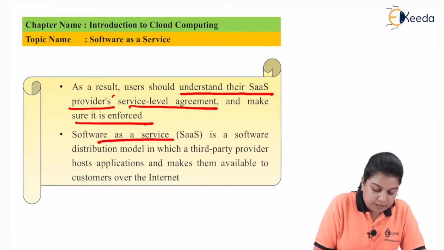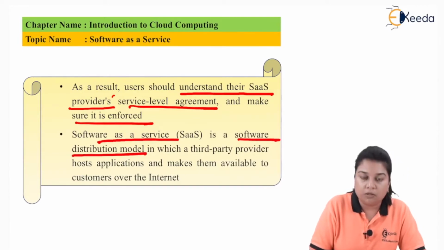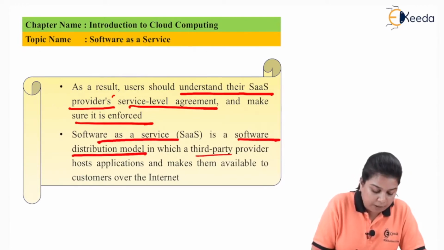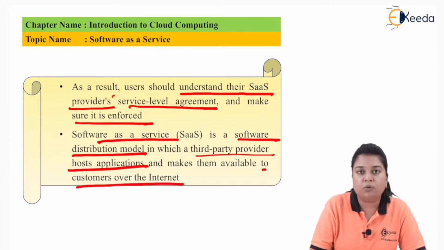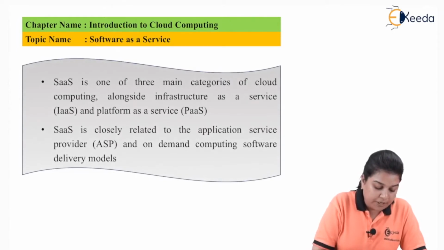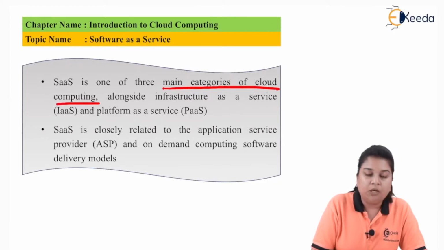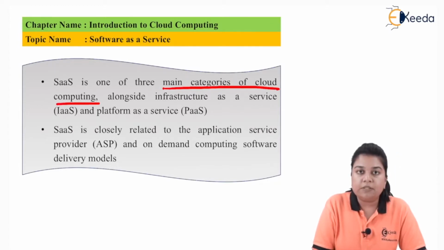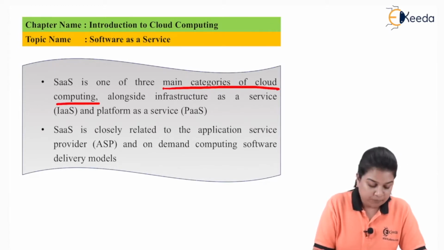Software as a service is a software distribution model in which a third party provider hosts applications and makes them available to customers over the internet. Software as a service is one of the three main categories of cloud computing alongside infrastructure as a service and platform as a service.